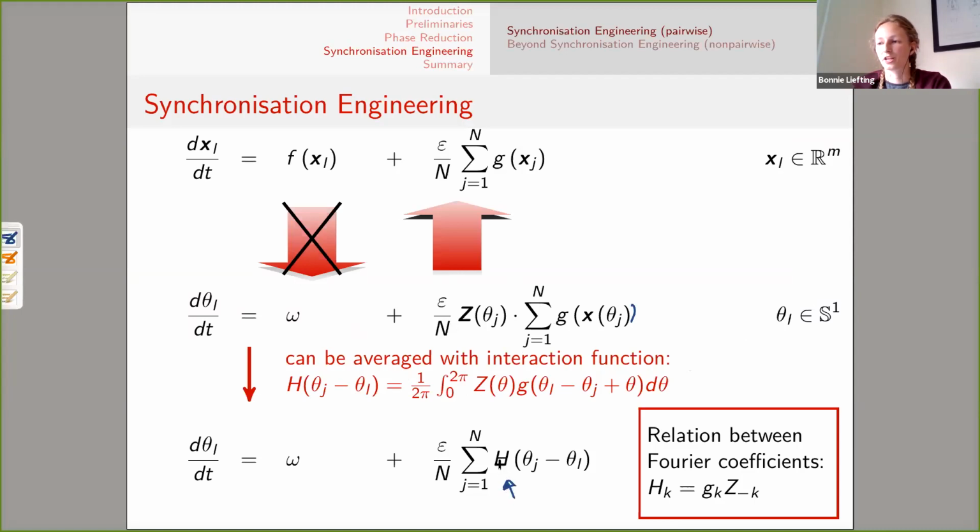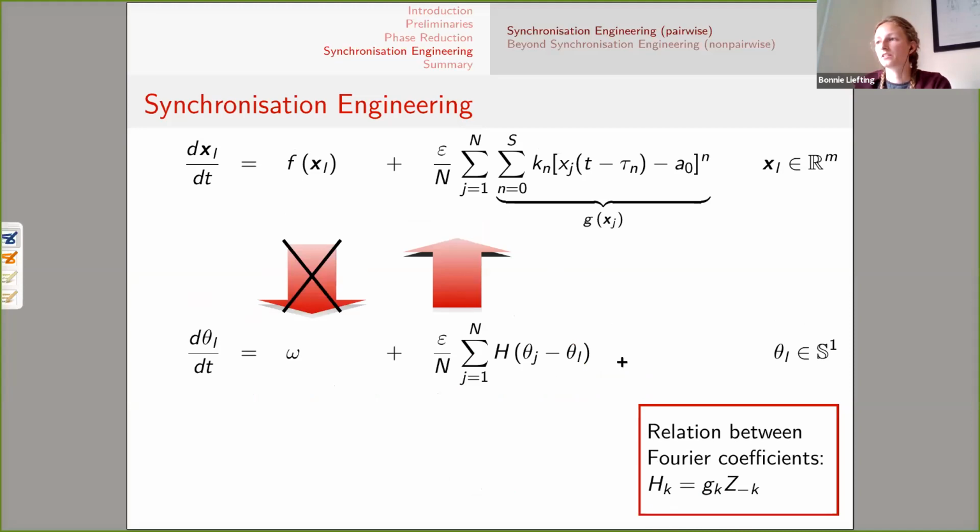And so we can just change the interaction function and then we will find different parameters. And here's just a relation between these things we already have: the feedback, the phase response curve, and then the interaction function, you can fill in what you want. And this is the relation between the Fourier coefficients of them.